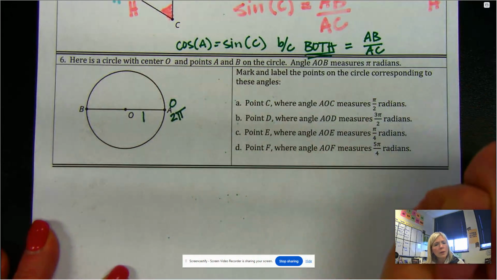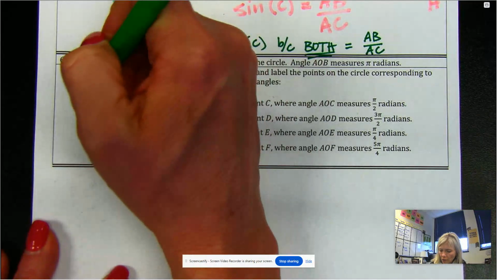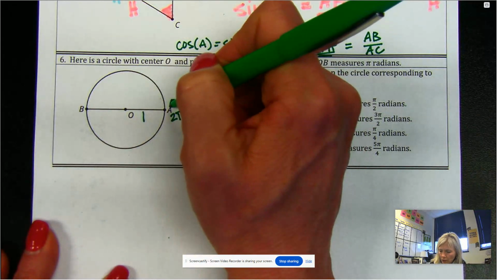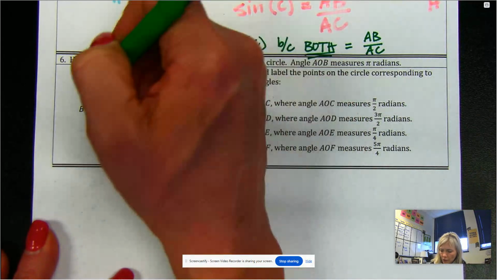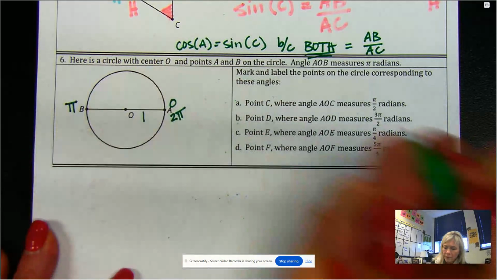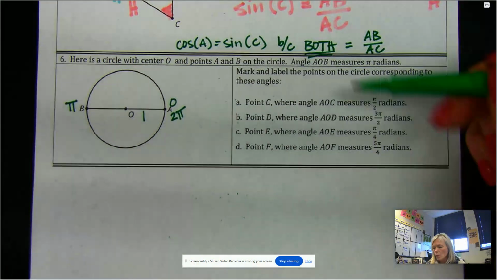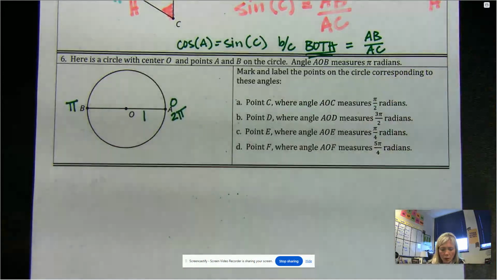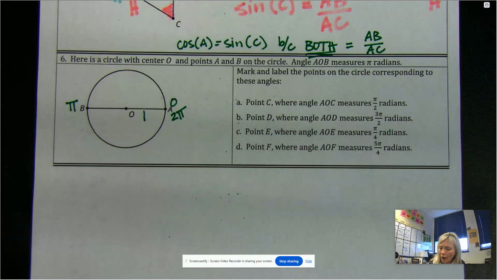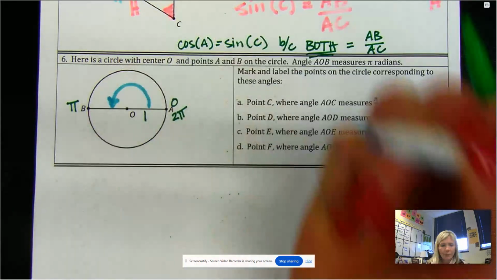So all the way around would be 2 pi, which means from A just to B, starting here where I put the 0, from A just to B would be a distance of pi. So with those as kind of your indicators, you should be able to figure out where to put these points, knowing that you're traveling in this direction.